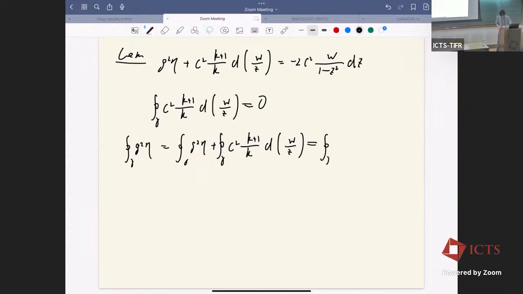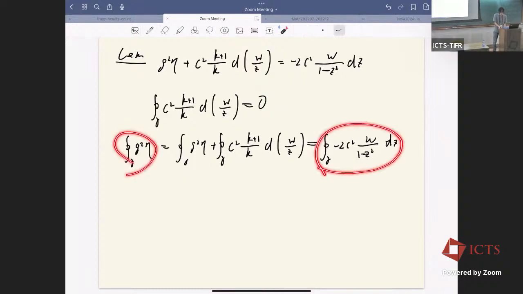Then we have 2c squared. So the integral of this is equal to this. And since this is holomorphic, except at infinity, we can collapse the loop gamma to the real line segment.